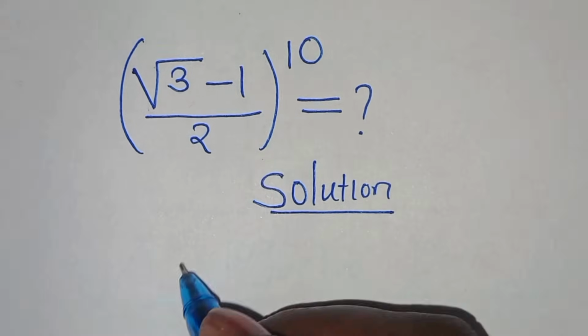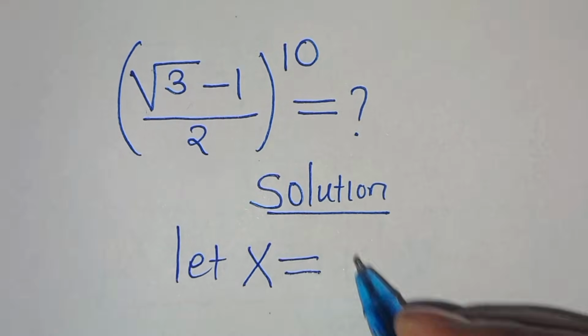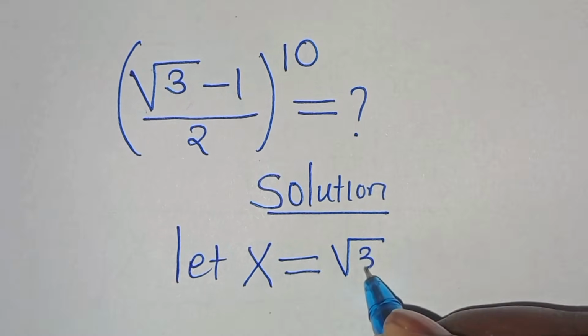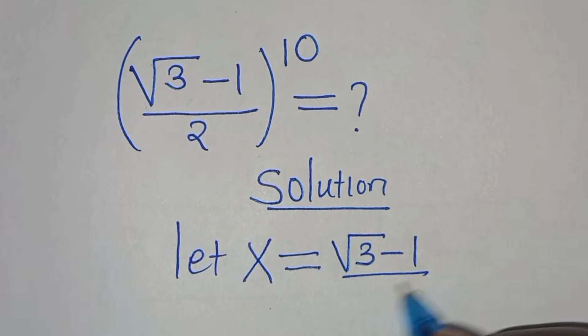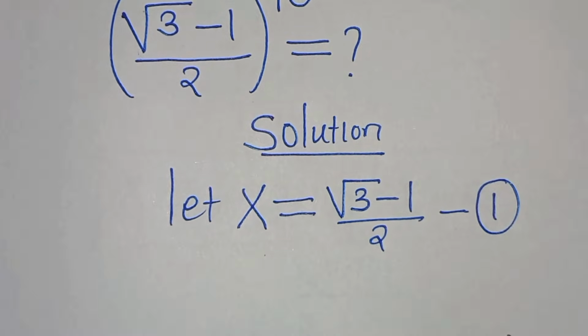So the first step here is to let x be equal to square root of 3 minus 1 over 2. Let's call this equation 1.